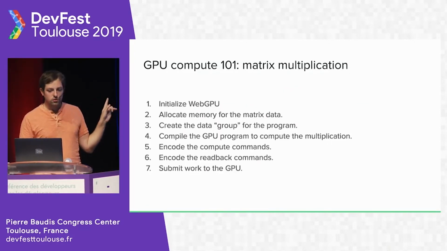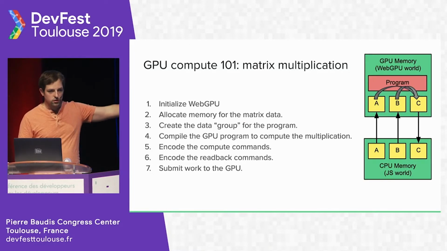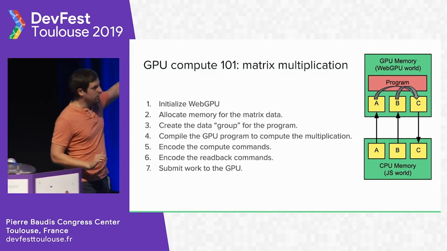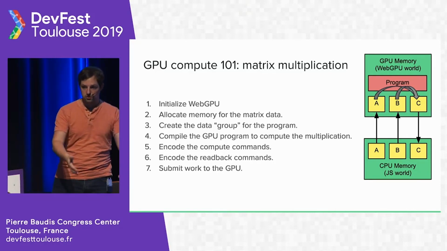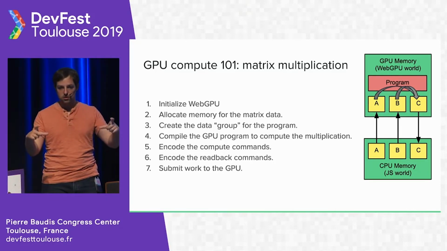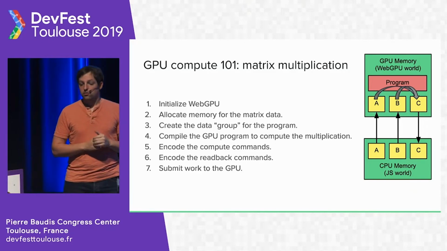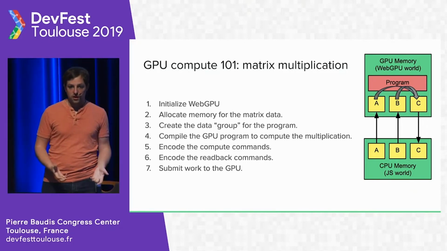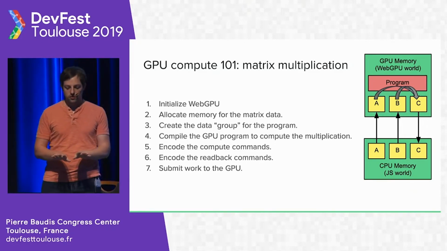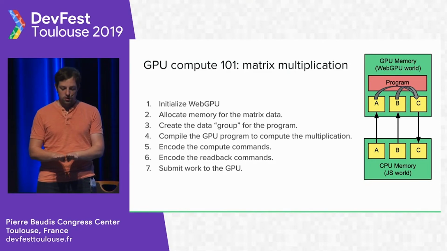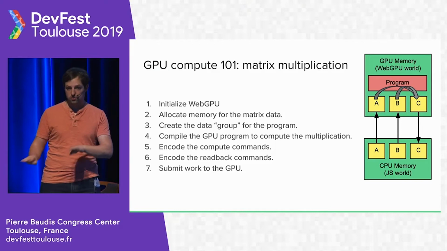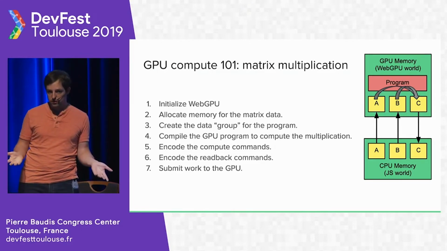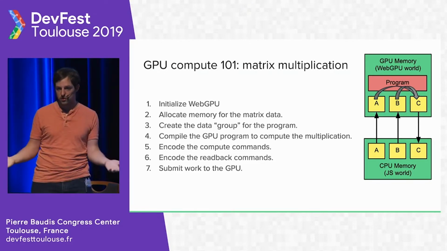And this is what we're going to go through, and there's a drawing, so you don't have to read the text. Basically, what we need to do is execute something on the GPU. So that's the program in the red box. To do this, we need our matrix data on the GPU. The reason I say this is because the memory spaces for CPU and GPU can be separated. Sometimes they aren't, but sometimes they are.